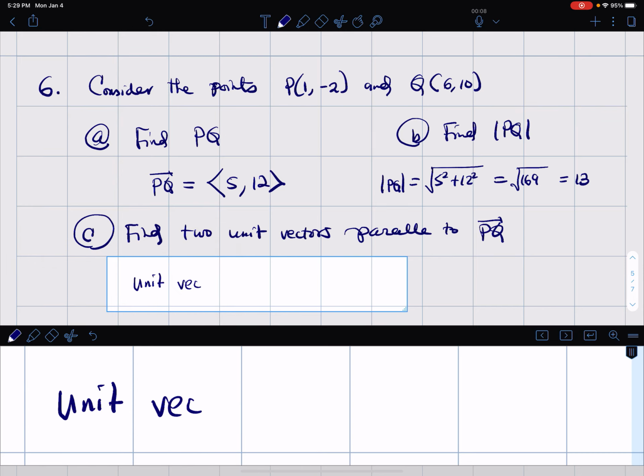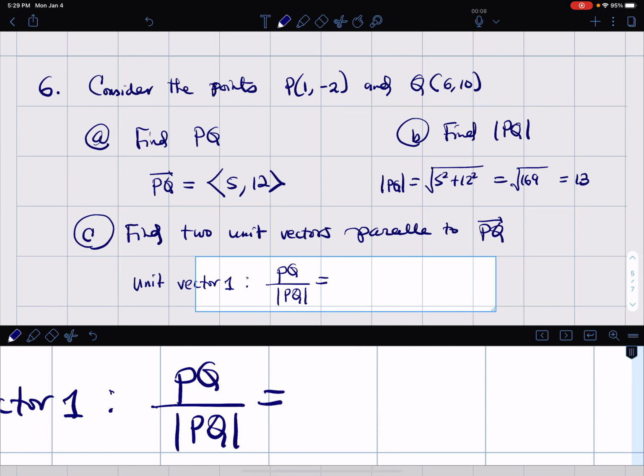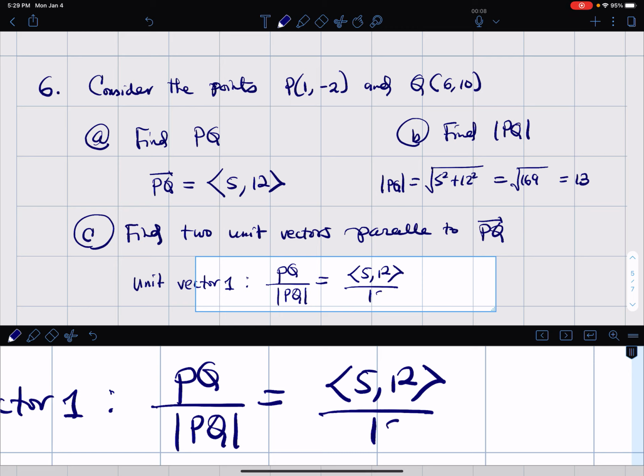Unit vector 1 is PQ over the magnitude of PQ, so it's (5, 12) divided by 13.